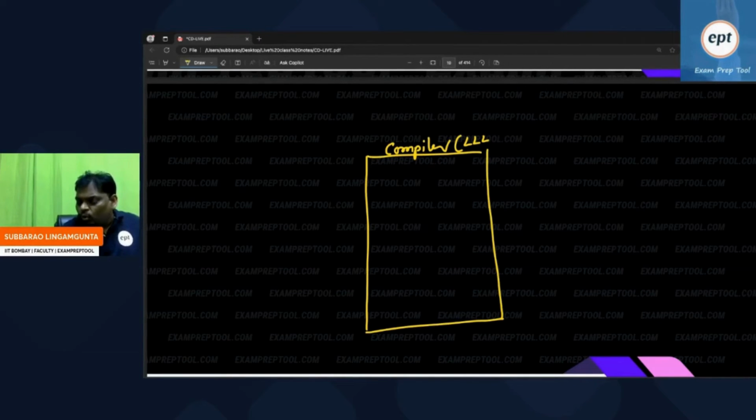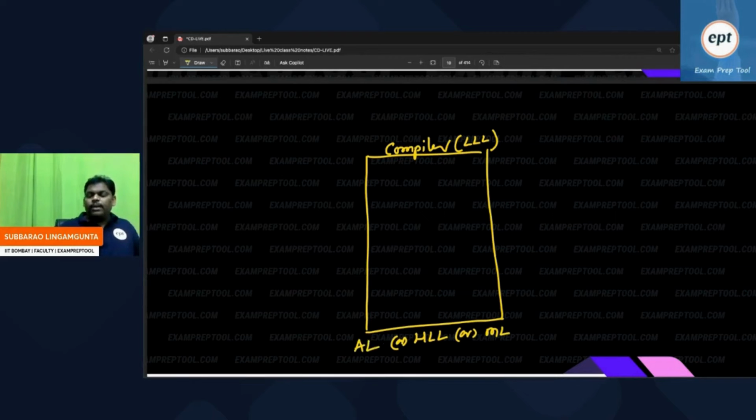Just know what the linker, assembler, and loader will do. That's it. No need to discuss more on that. Just concentrate more on the compiler.